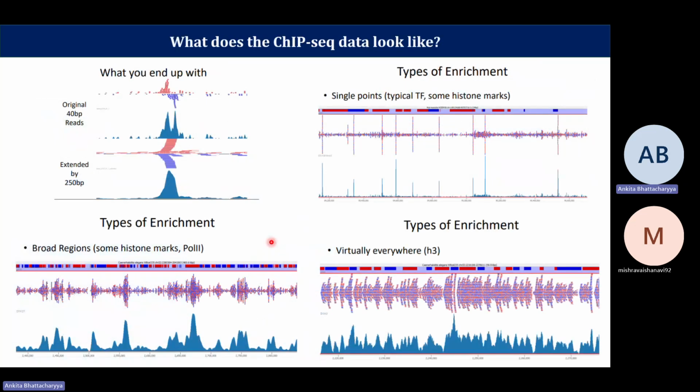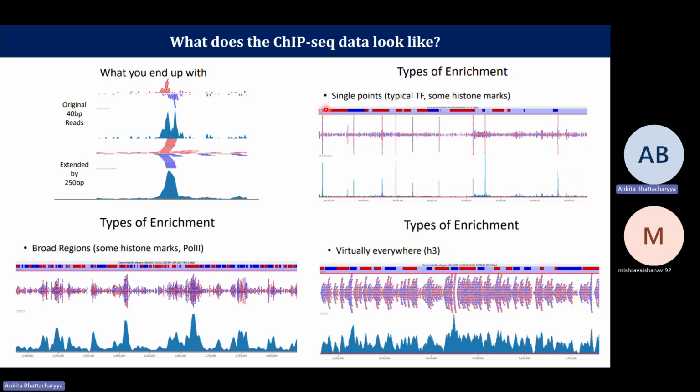Then you have these representative examples of the different types of enrichment. You have single points, which are very sharp, very neat peaks, which define that there is the binding of a certain transcription factor in a certain locus or some histone mark which is present.